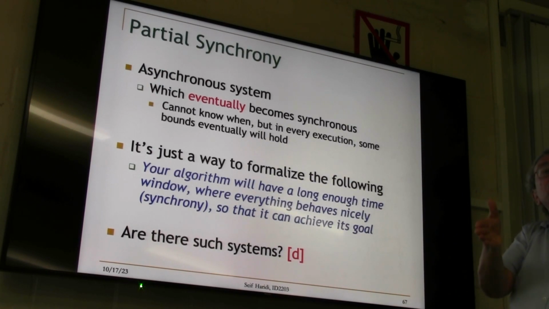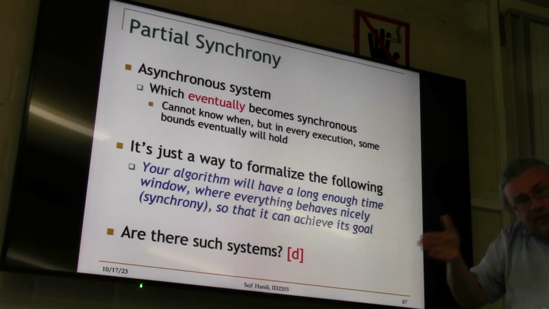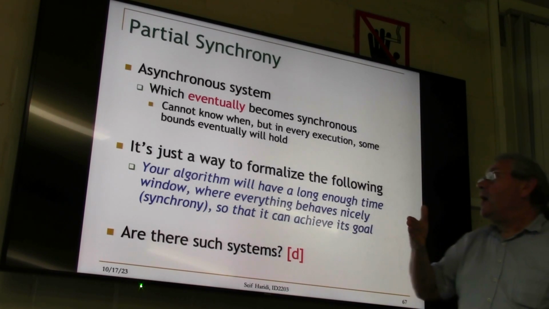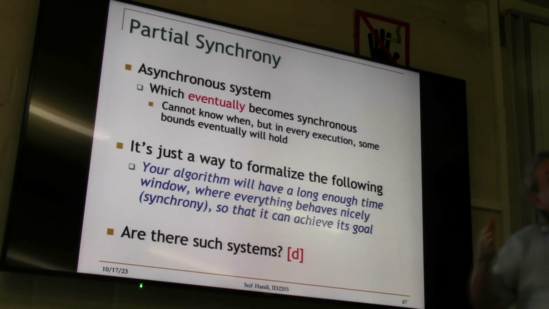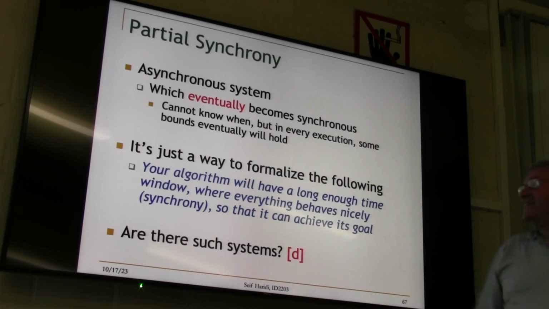But eventually there's bounds, because you realize you're running in a room. But you don't know when you will know that. All you know is that at some point, there will be bounds, and you don't even know the values of the bounds. You only know they exist. Okay? So eventually, there will be some bounds. That's all you know.